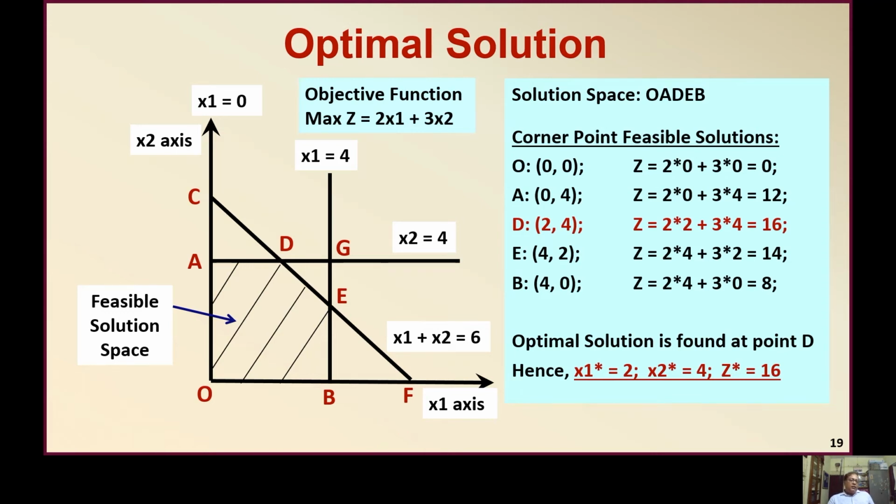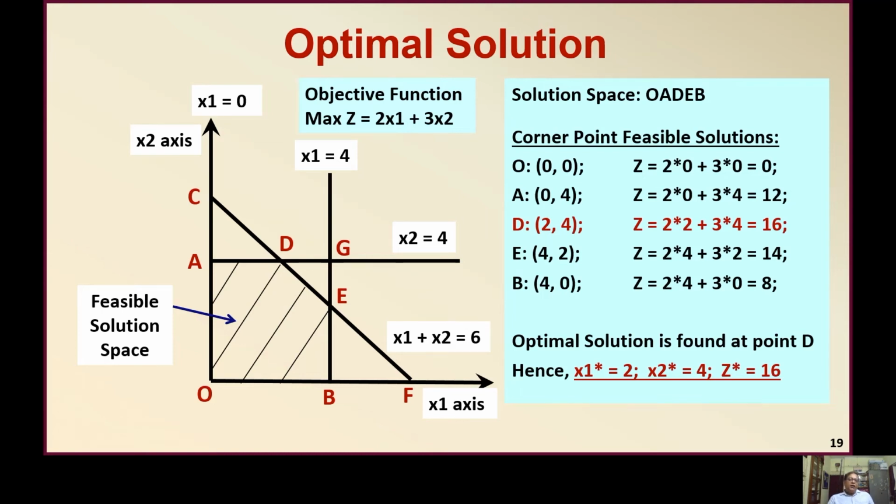But then the basic philosophy still remains. What is that basic philosophy? We have to get the feasible solution space and we have to find the corner point feasible solutions. There will be definitely many more. In this simple problem, there are 5 corner point feasible solutions. In more difficult problems, there will be many more corner point feasible solutions.